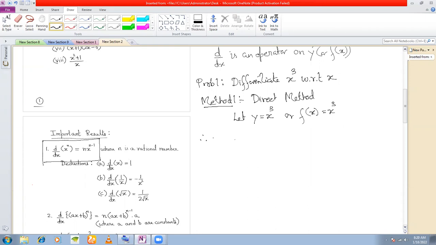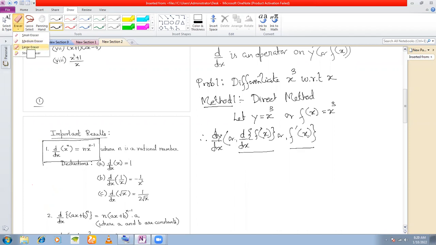Then dy/dx, or d/dx of f(x), also written as f dash x. Any way you can write. Either you can write dy/dx, or d/dx of f(x), or directly f dash x. Then dy/dx is d/dx of, what is f(x) here or y here?